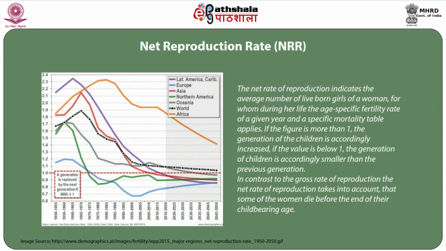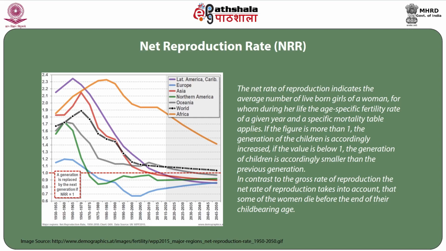The other measurement is the net reproduction rate. The net rate of reproduction indicates the average number of live-born girls of a woman for whom, during her entire reproductive life, the age-specific fertility rate of a given year and a specific mortality table apply to this cohort.